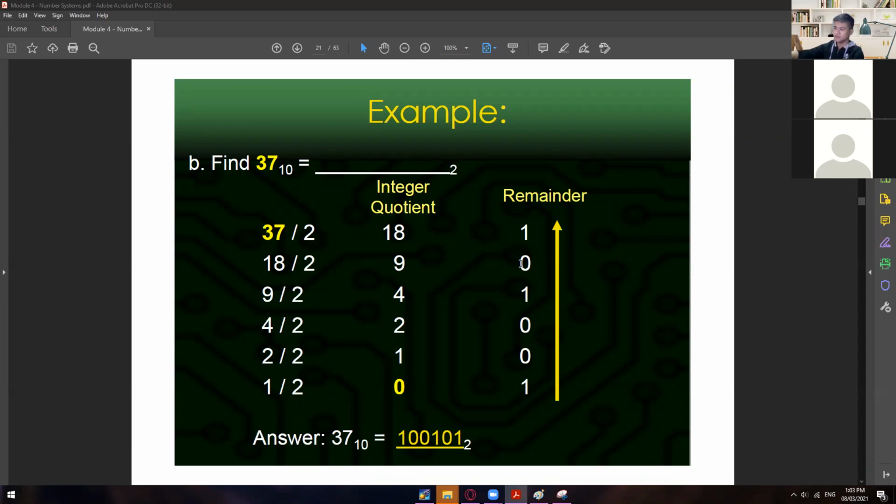Okay, so the remainder part is like the fraction part. In here, if you're going to divide 37 by 2, you will get exactly 18.5, right? Then again, you have to separate the integer part from the remainder part. So 18 for the integer part and then 0.5 multiplied by 2, you will get the remainder 1.